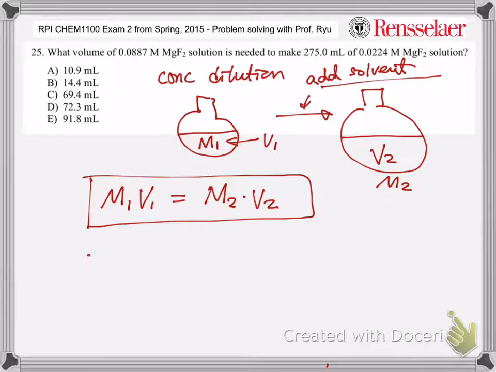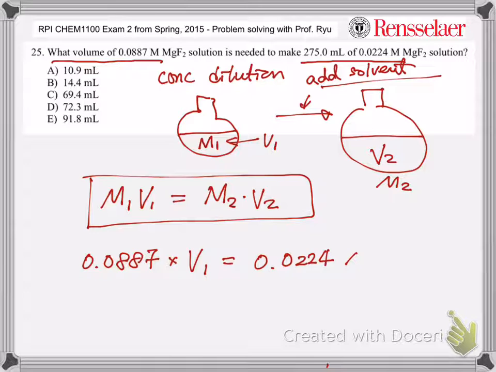So the concentration is 0.0887 molar, and they want to know the volume of this solution, so I would just say volume 1. And what about the volume and concentration over here? 0.0224, volume is 275.0 milliliters.